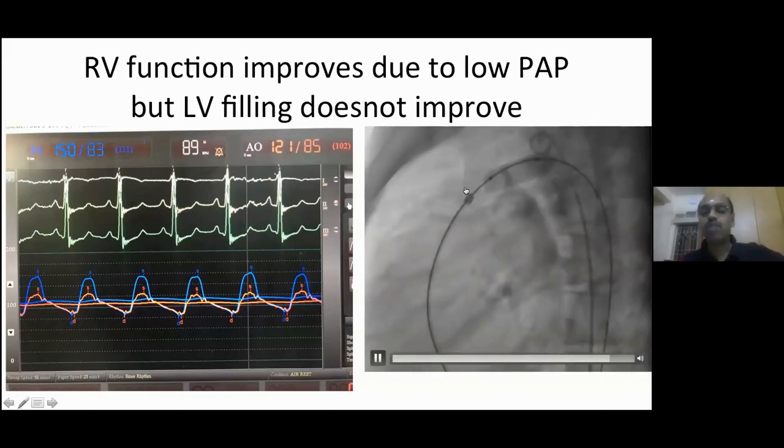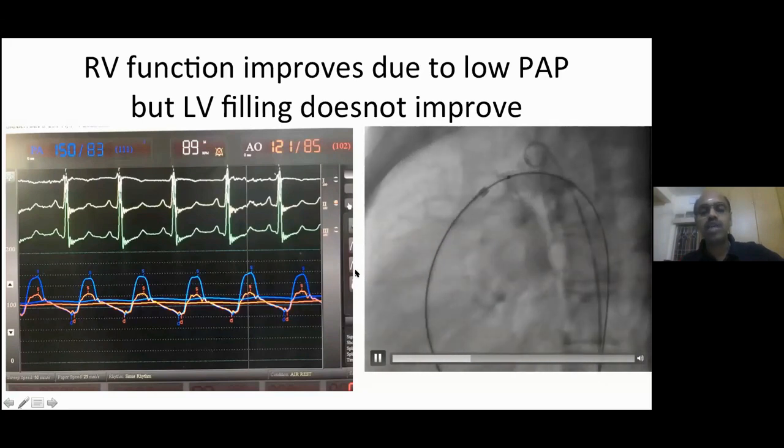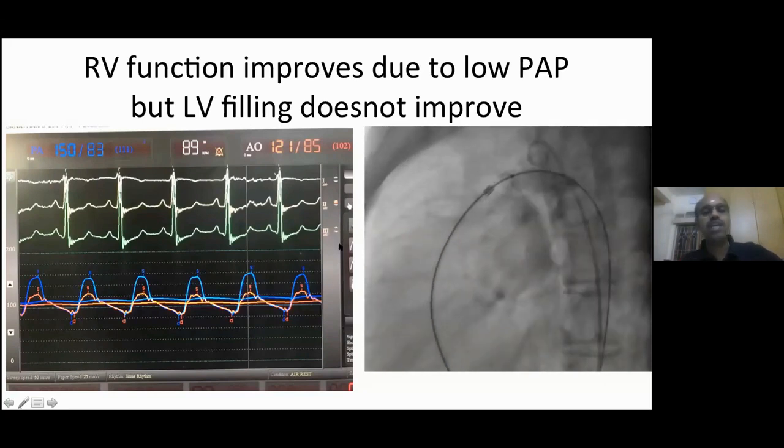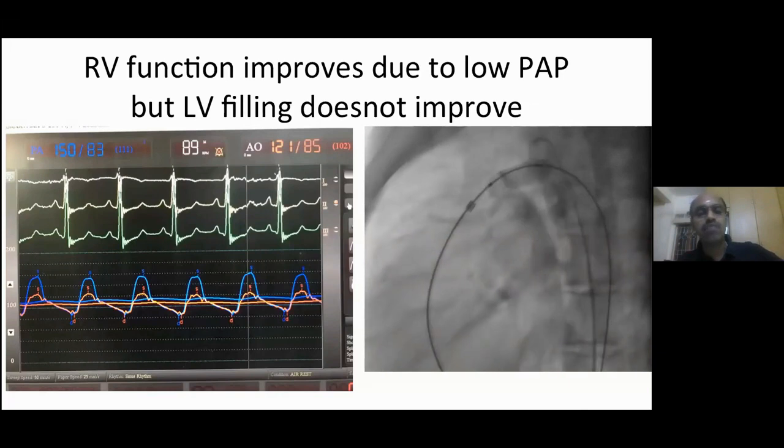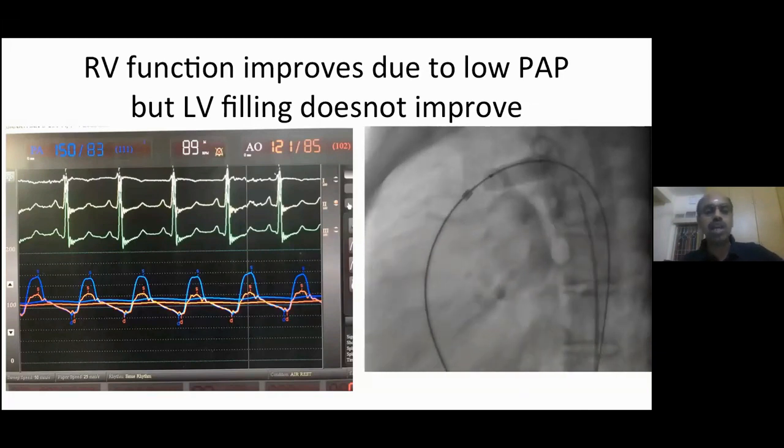After you perform a Potts shunt, you are diverting the blood from the pulmonary artery into the descending thoracic aorta, and the quantum of blood that is coming out from the LA and LV is still very low. LV continues to be underfilled, LV preload is still low in a patient after Potts shunt.